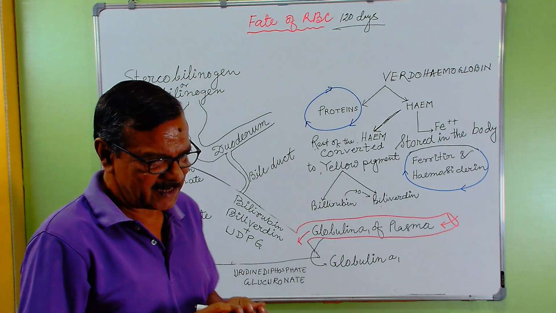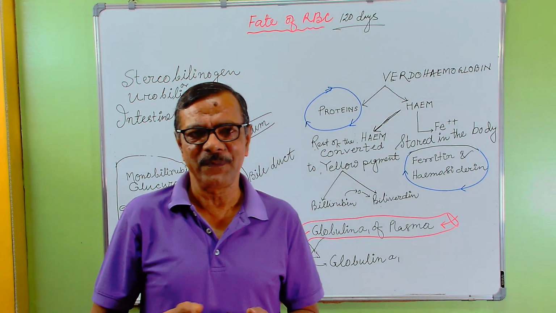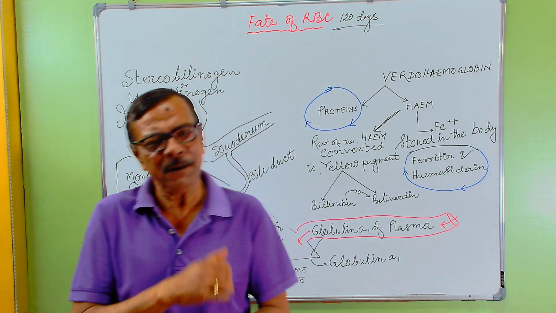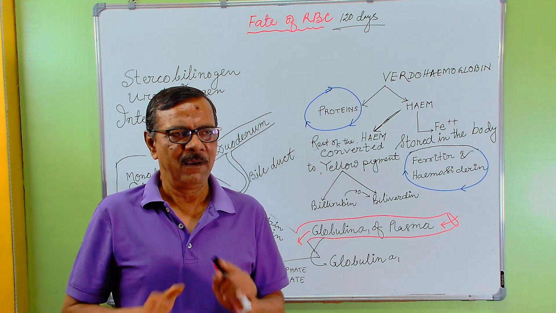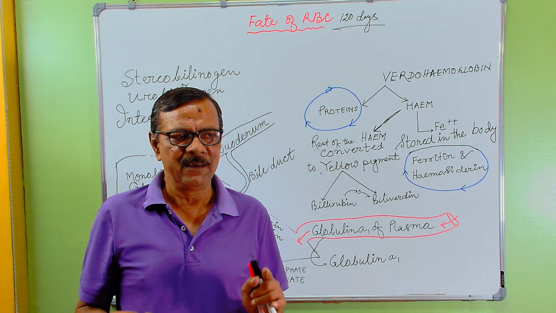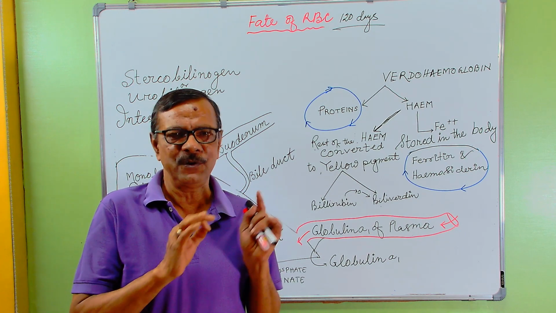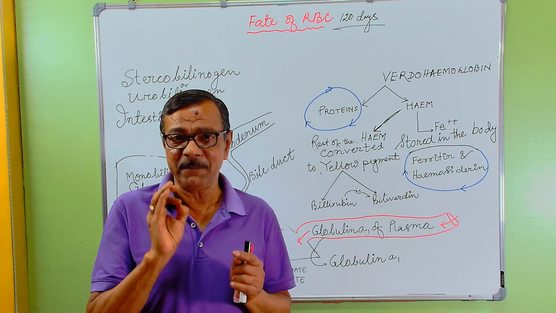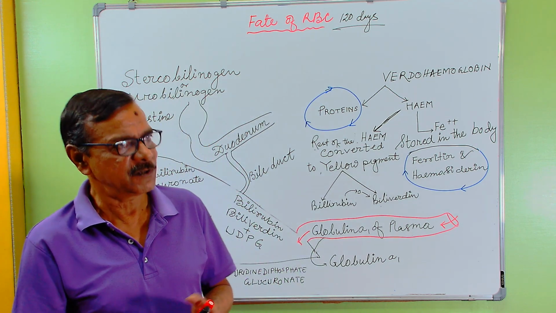And RBC does the main function of carrying O2 and CO2 along with hemoglobin. So RBC is feeding us with oxygen, and each and every cell is getting oxygen and giving out CO2 with this RBC. So RBC is the main component of our blood, our circulatory system.